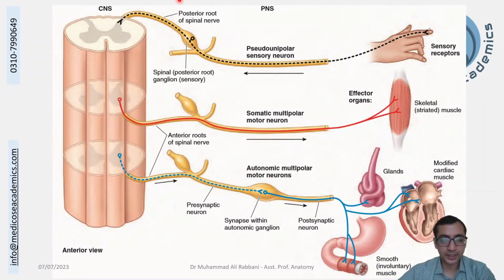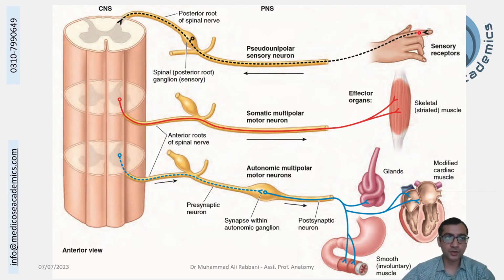Let's do a little general anatomy. In any sensory system, there is a single neuron connection between the receptor and the central nervous system. There is always a cell body in the dorsal root ganglion, and a single axon, with a peripheral part and a central part that goes to the central nervous system. There is no break.